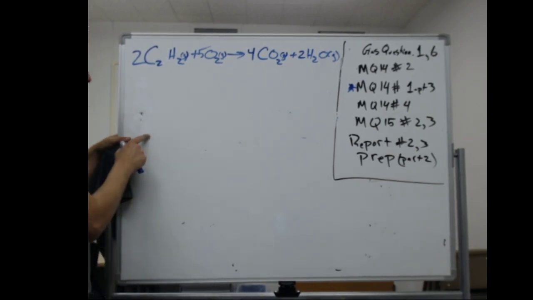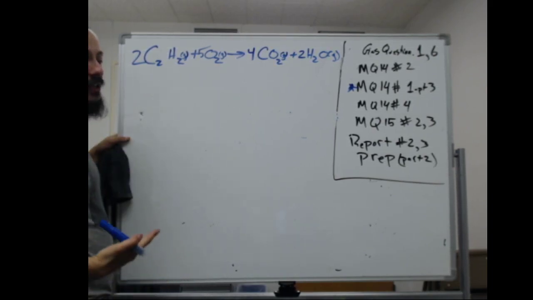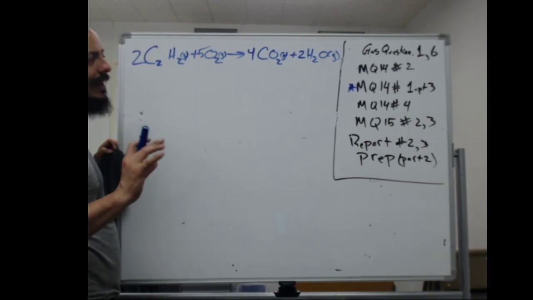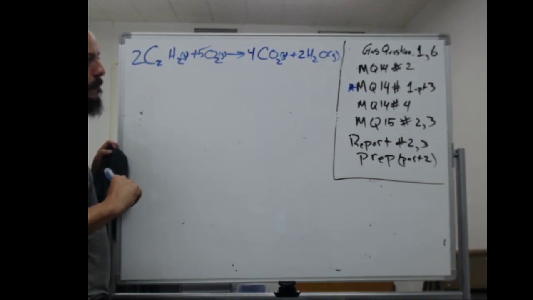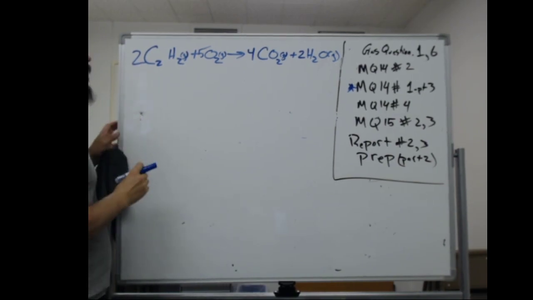Now, how are you with the process of, once you have your balanced chemical reaction, calculating the energy associated, the delta H of reaction, or the energy released? Well, like I said for MQ15, I get some of them right, but then some of them wrong. So it's, I don't know. Kind of.